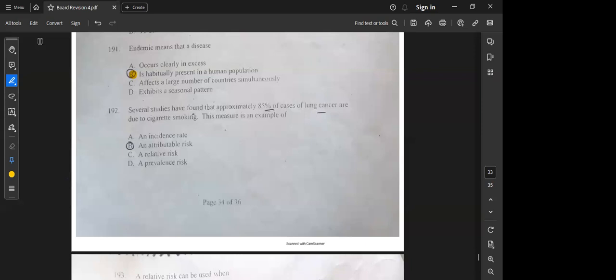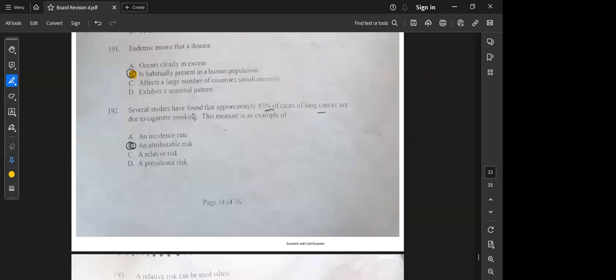So what could be the answer? The attributable risk is actually the answer.